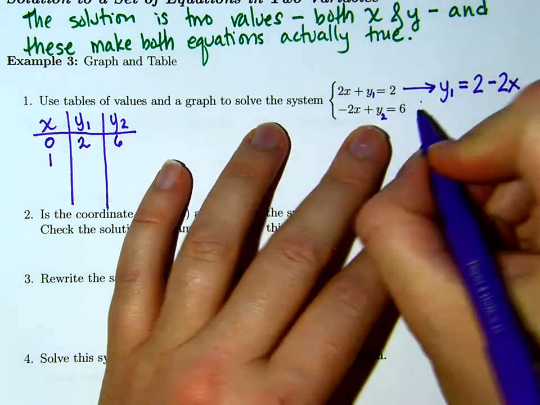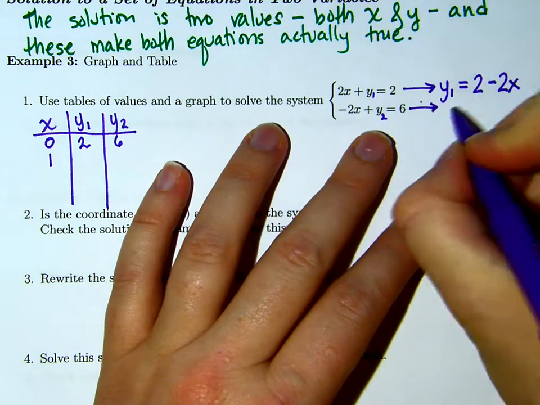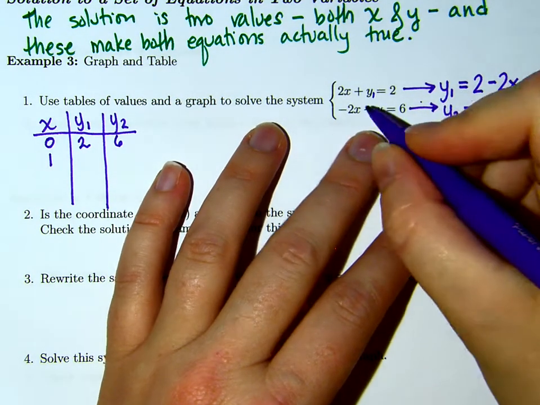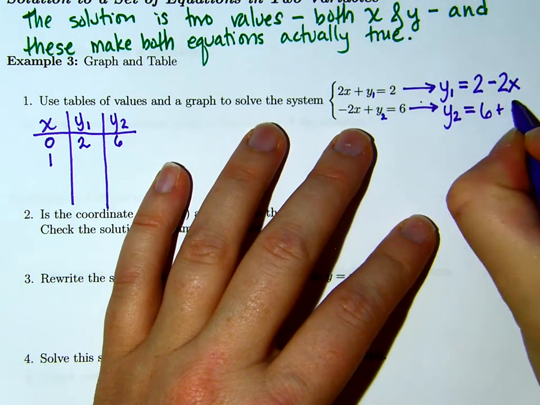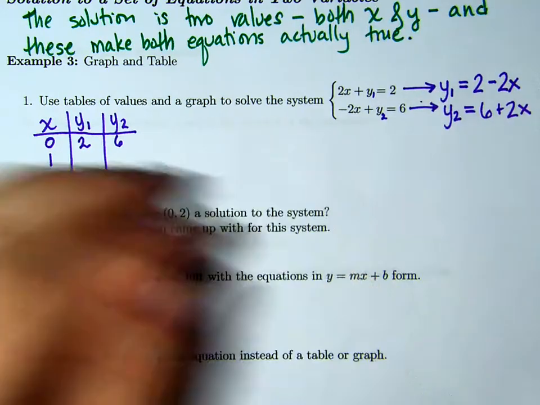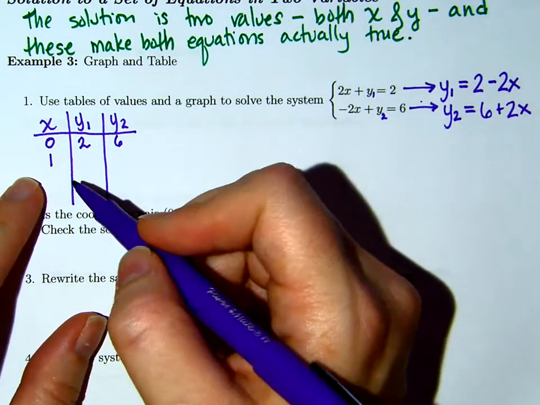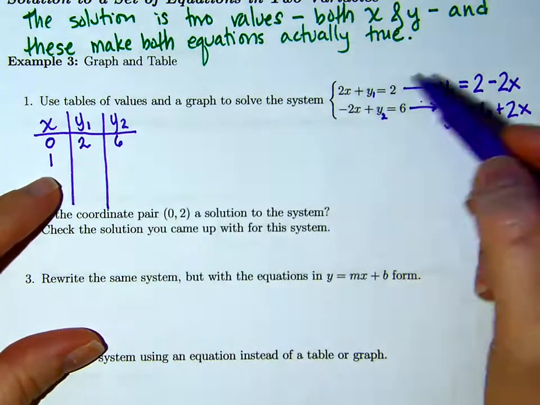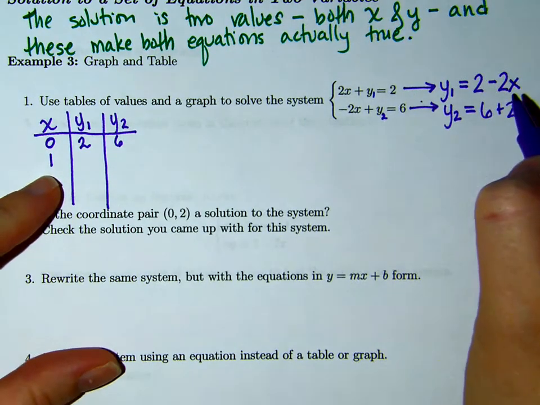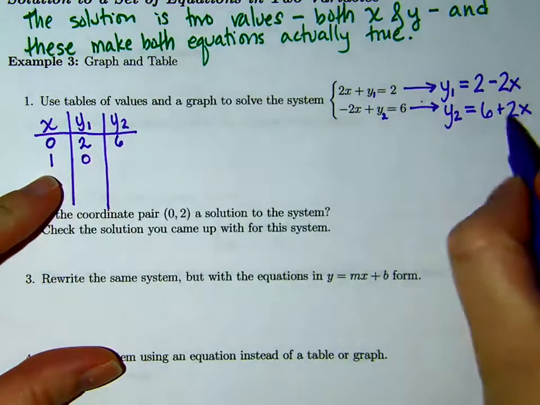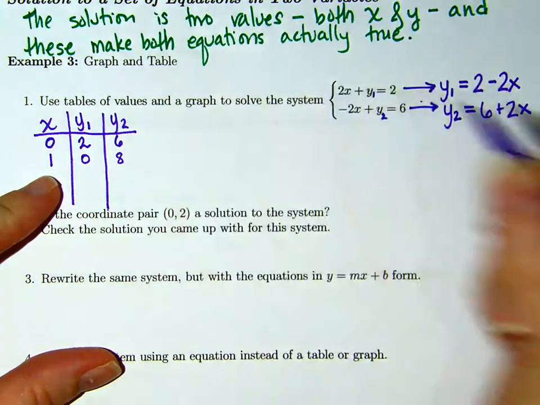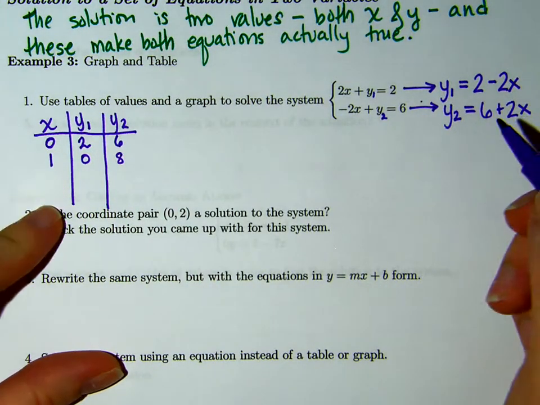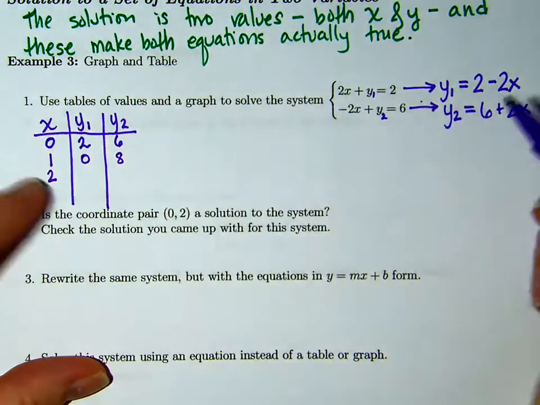Same here, we would add 2x to both sides. Okay, got it. So if I plug in 1, I get 2 minus 2. That's 0. If I plug in 1 here, I have 6 plus 2, that's 8. Got it. Let's plug in 2.